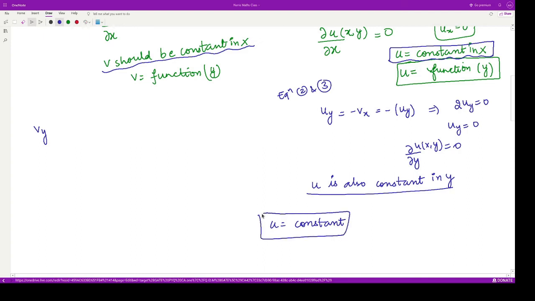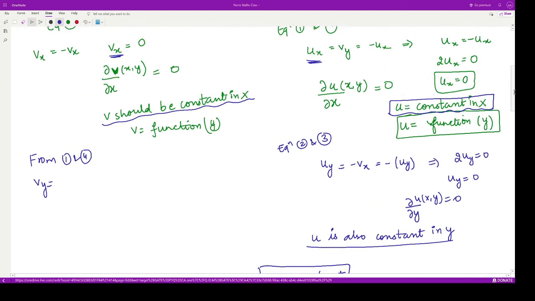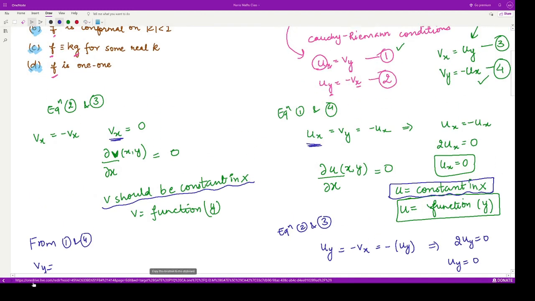So from here we got this information, and similarly if we solve this using equation 1 and 4, what would be vy? So vy using equation 1 and 4 would be equal to ux, and from equation 4, this ux is equal to minus vy, so this would be minus vy.